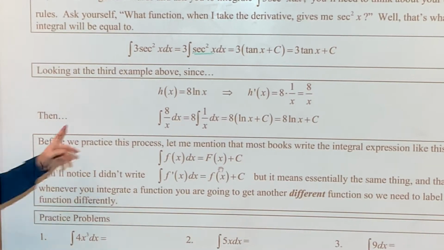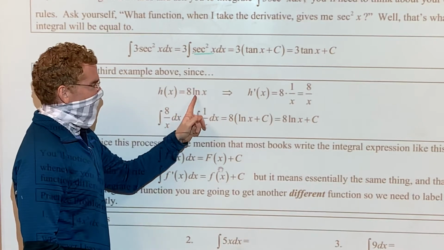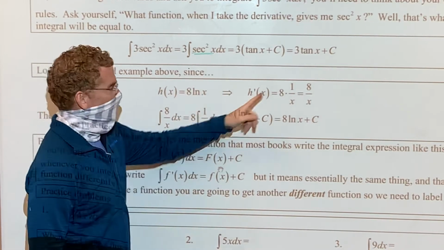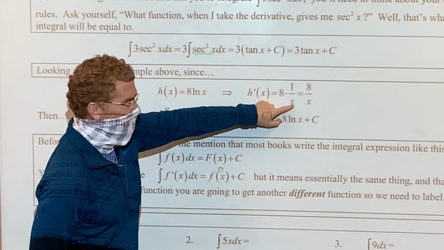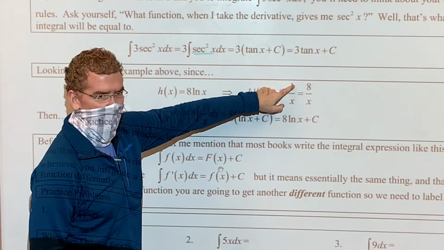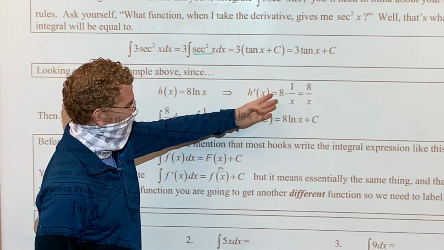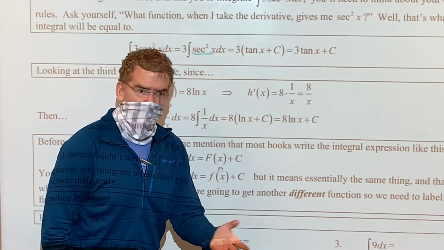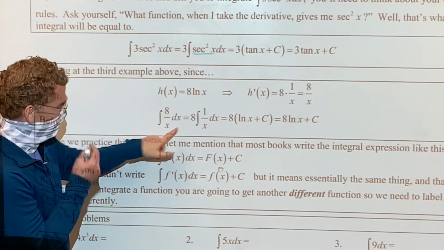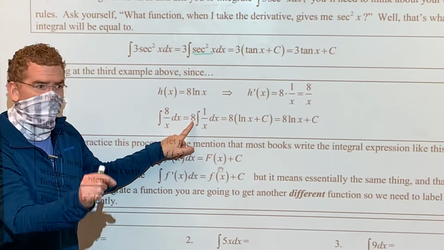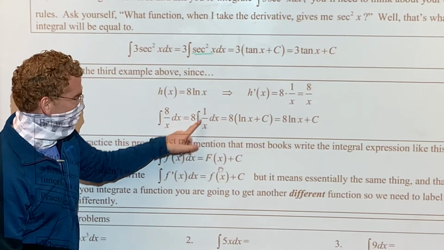Okay, do you remember that the derivative of ln x was 1 over x? Or actually, if you remember, it was put the x on the bottom, take the derivative of the x on the top, right? And then you just put the 8 over there and multiply together when you're done. Now you remember that. Well, that would mean the integral of 8 over x. If you don't like the constant, you can swing it out to the front, because we've been doing that, if it's multiplied or divided. Right? And then I have the integral of 1 over x.